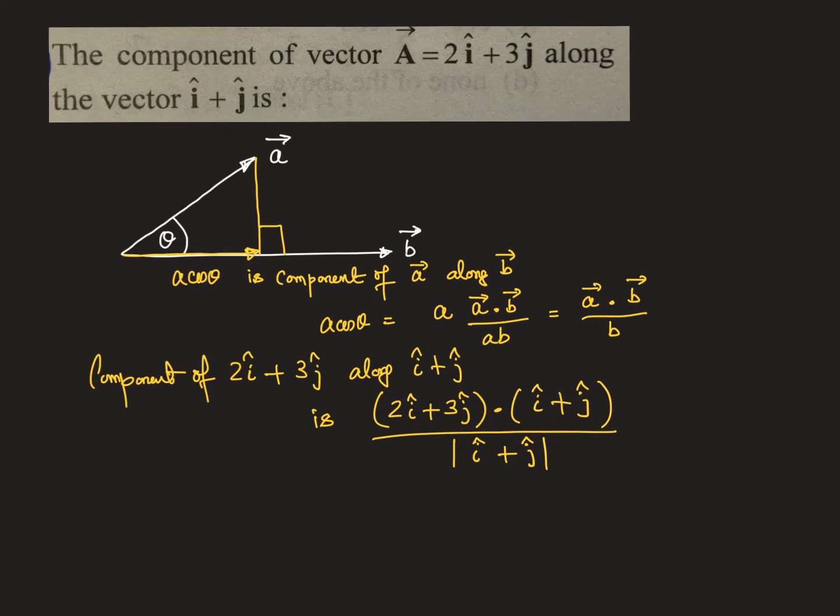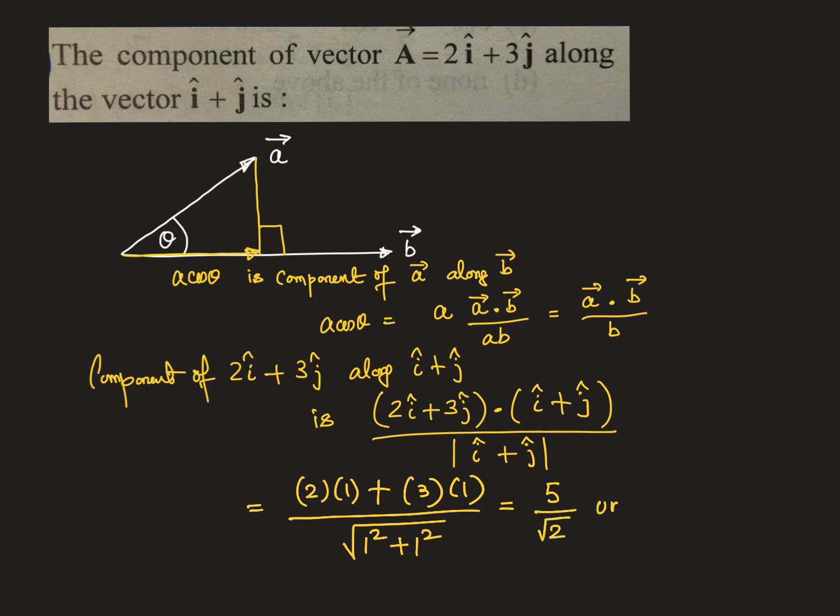That equals 2 into 1 plus 3 into 1 divided by root over 1 square plus 1 square, that means it is 5 by root 2 units.